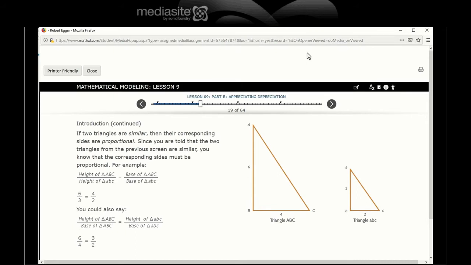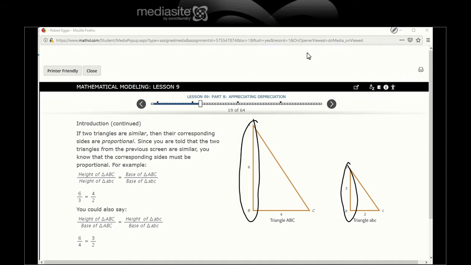So if two triangles are similar, it means they have corresponding sides. Corresponding sides mean, basically, like, AB and A'B', that's a corresponding side.